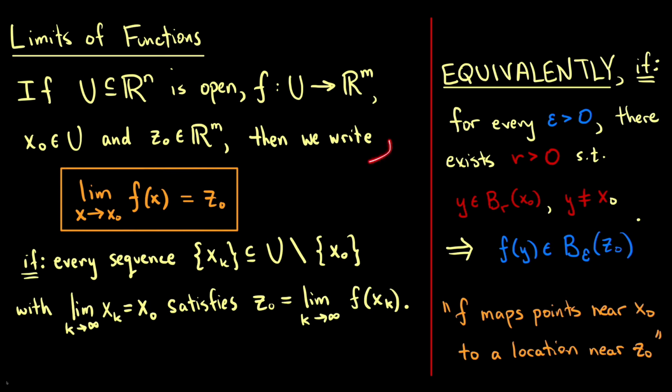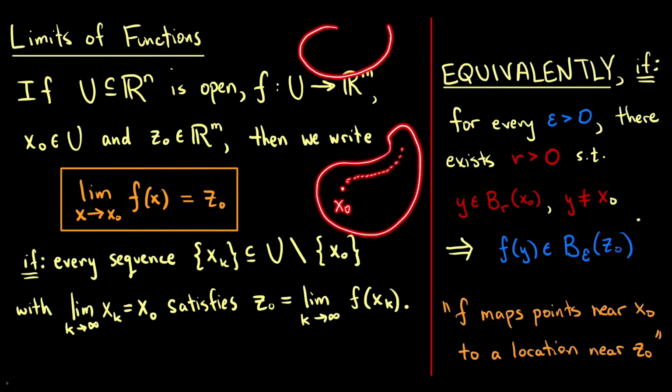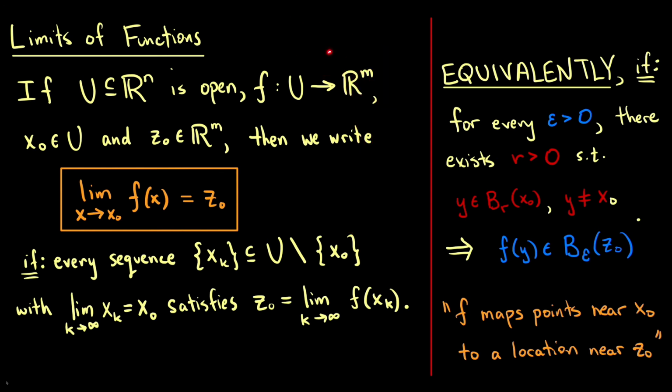So again, if you go back to this picture and you have a point x0 here, and you have a sequence of points converging to it, and over here you have the range, this is Rm, and you have z naught, and you have the sequence of outputs of f. These are the sequence of points that the sequence over here got mapped to. Then I want that sequence to converge to z naught.